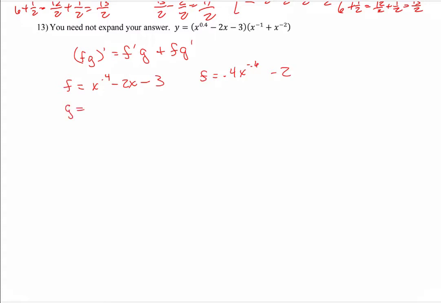And g equals x to the minus 1 plus x to the minus 2. So g prime equals minus x to the minus 2 minus 2x to the minus 3.